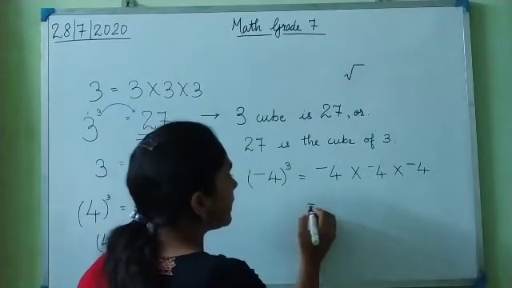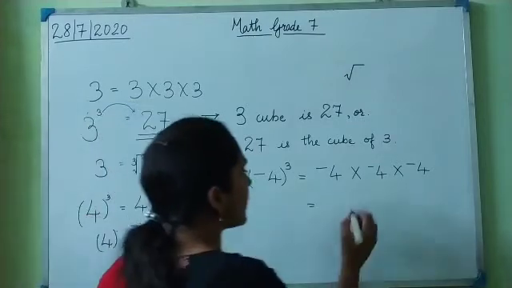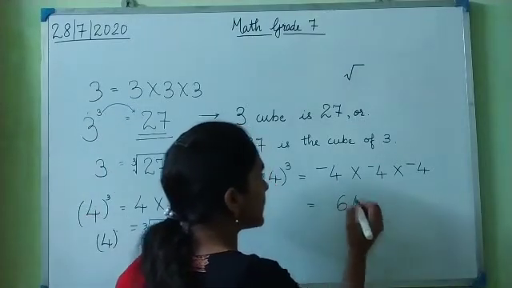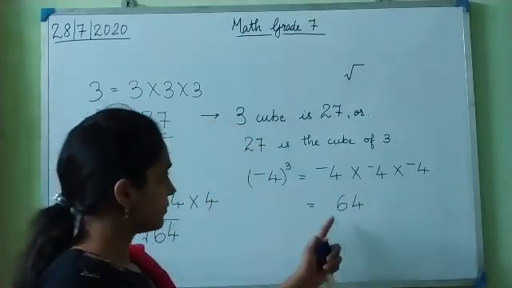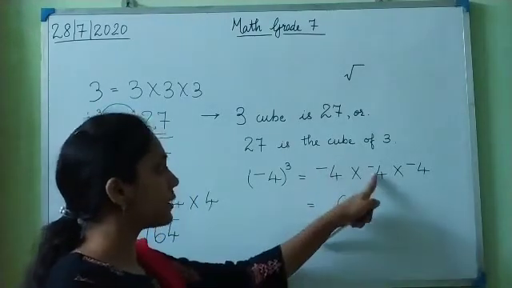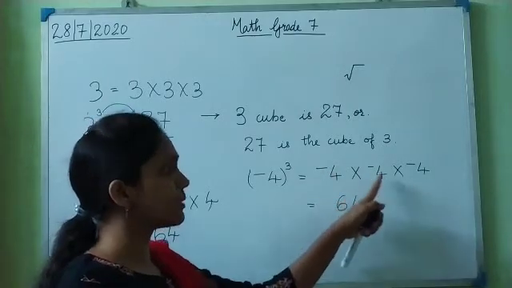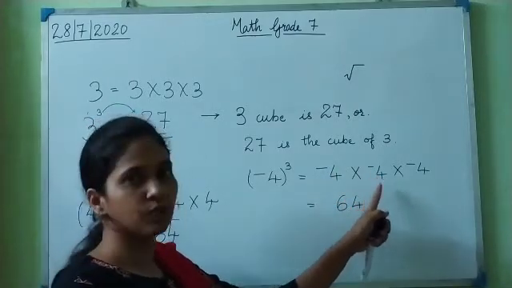The answer will remain the same in magnitude: 4 into 4 into 4 is 64 as we know. But the sign will change. Why? Because negative into negative is positive, as we have seen in the sign rule table.